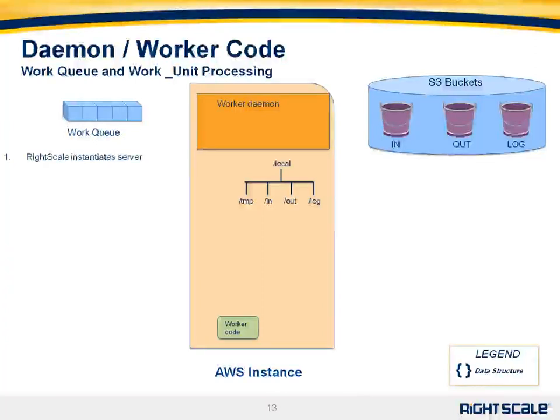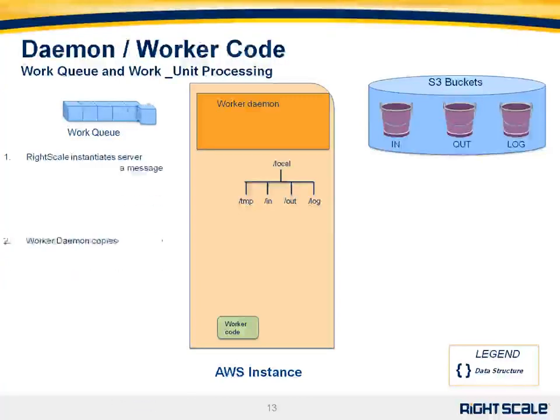This can be a single server or a multi-server worker array that's ready to accept jobs. You can also configure it so that RightScale will automatically kick off that first job or wait until you manually configure it.